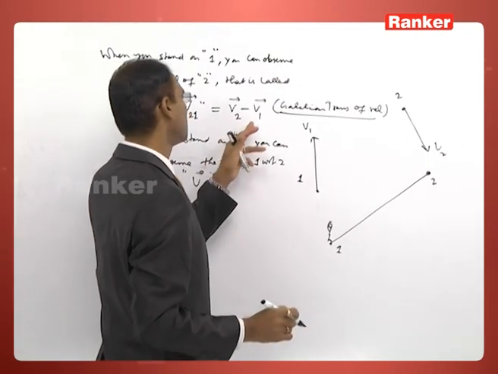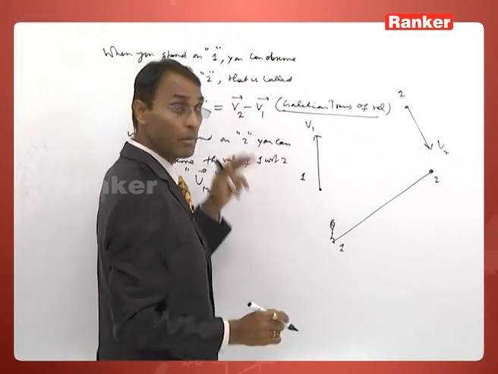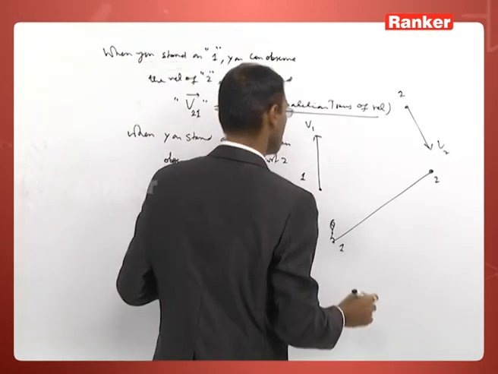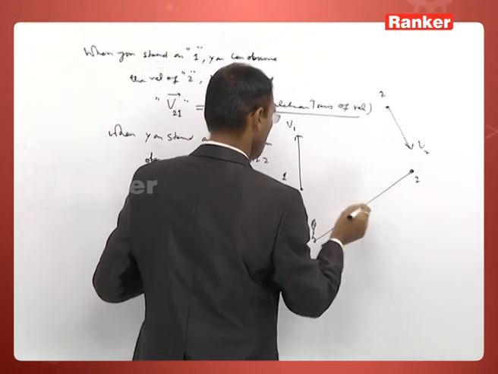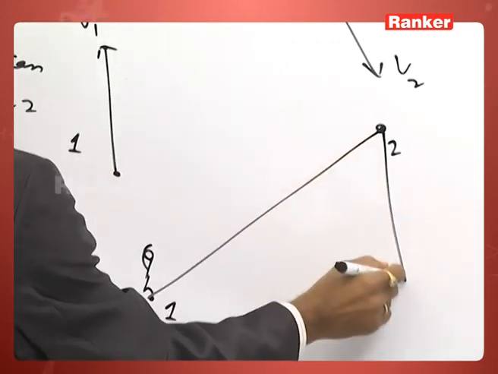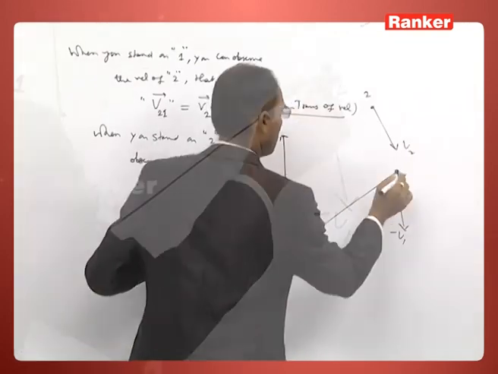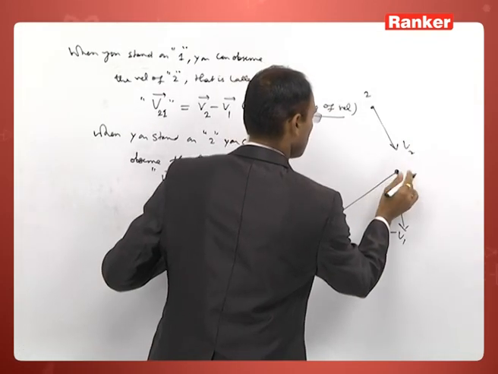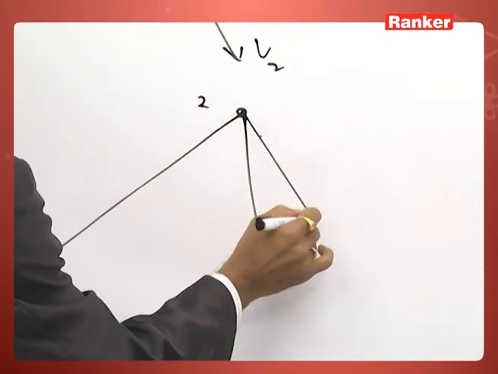So subtract V1 from V2. You draw minus V1 here. This is V1, this is minus V1, and this is V2.